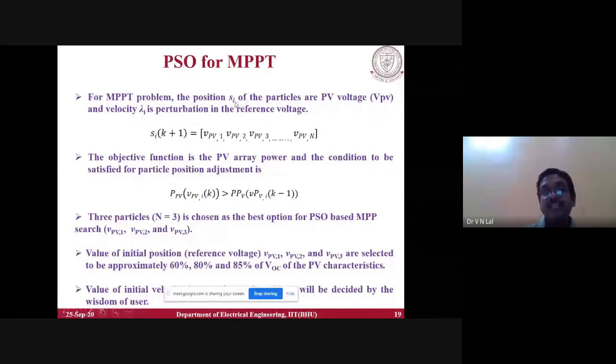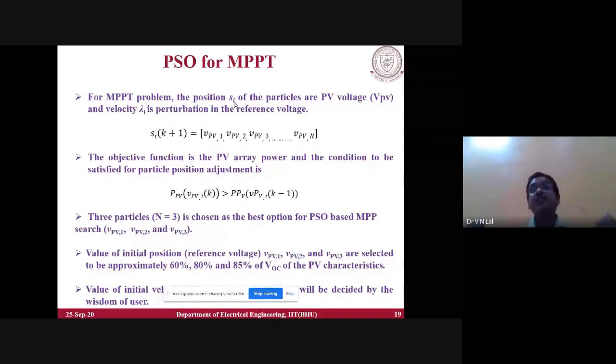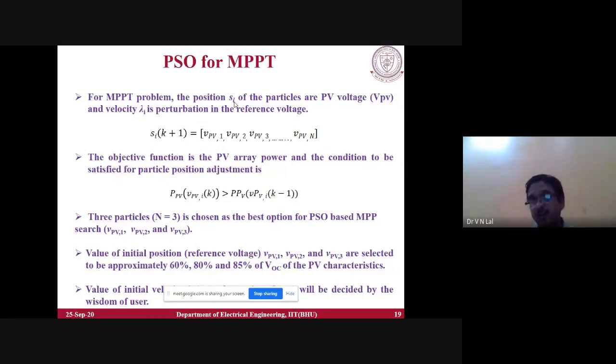So i is the ith particle. If a number of particles are there, then that many PV voltages would be there. So if n particles are there, then n positions will be there, S1, S2, S3, S4, S5, up to Sn. So there will be n values of VPV. Okay.